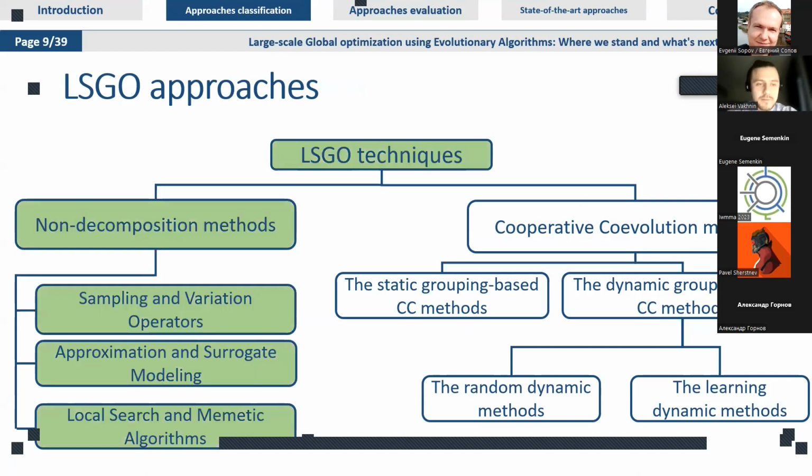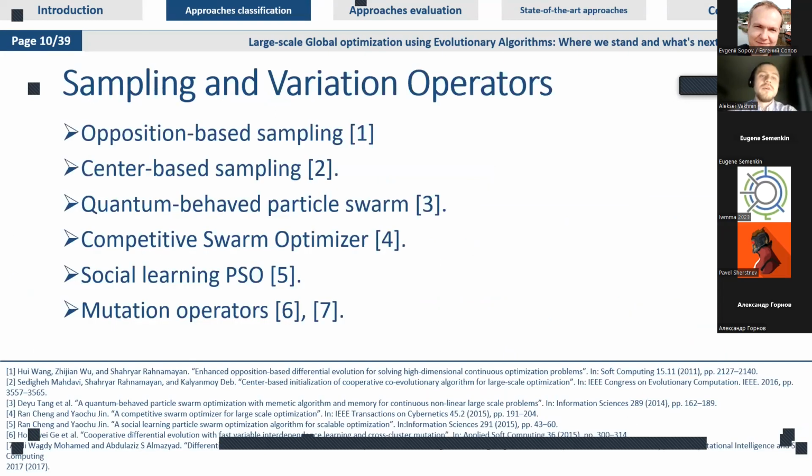Let's start from the first group, non-decomposition methods. Here, it can be divided into three groups. The first group is about sampling and variation operators. The main idea of this group is to improve the performance of traditional operators.